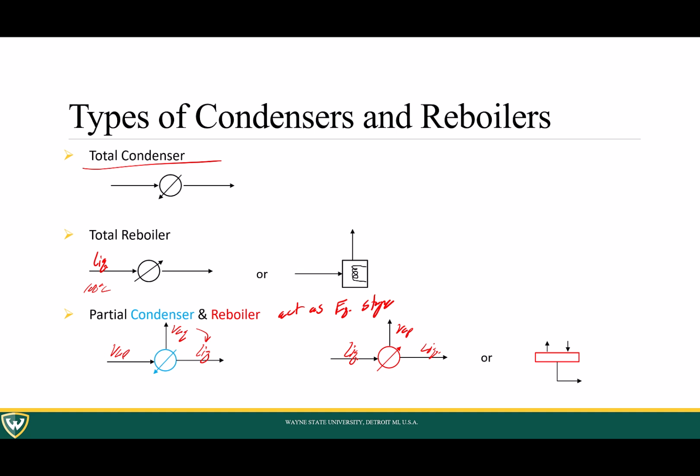These vapor and liquid streams are in equilibrium with each other. So they are in VLE. It's going to be a key point to remember. Okay, so partial reboilers and partial condensers actually act as equilibrium stages.